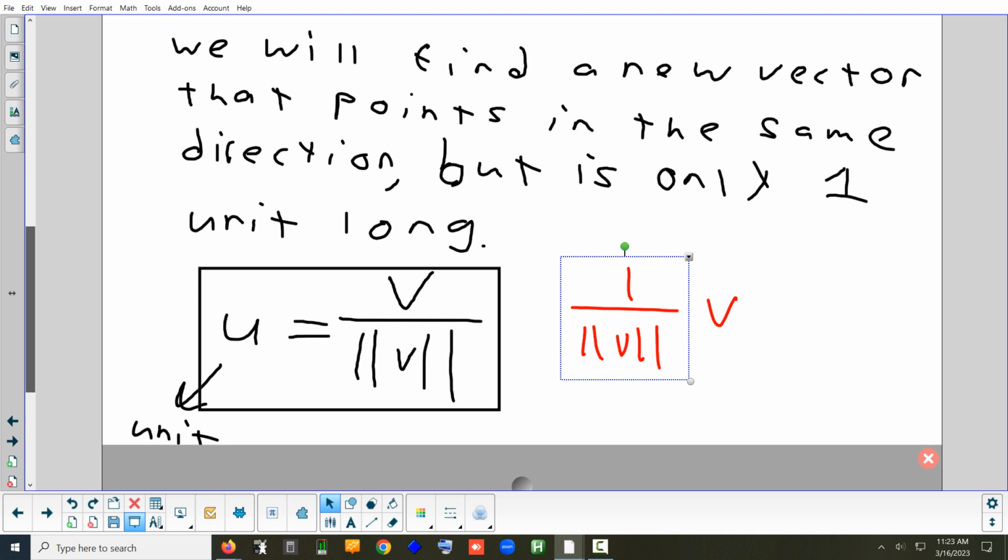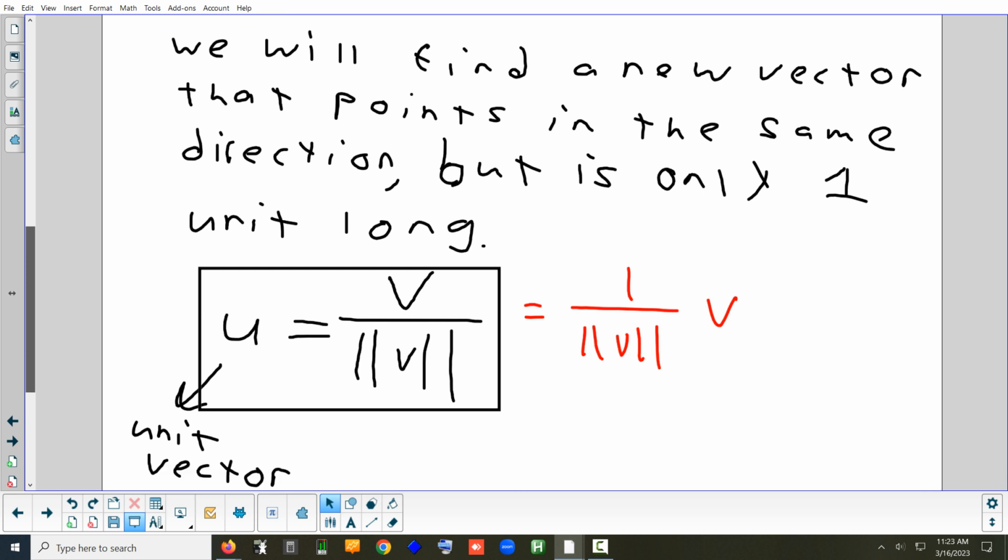That's the pattern I was trying to show you. If you want to put all this together, scaling a vector by 1 over its magnitude is really just dividing the vector by its length. So dividing a vector by its magnitude will convert it into a unit vector. If it already was a unit vector and you do this, then you'd be scaling by 1. Nothing would change.